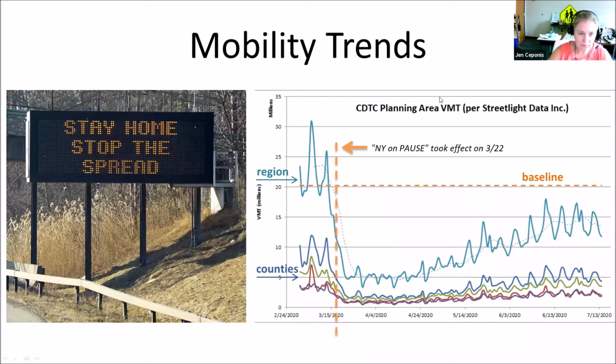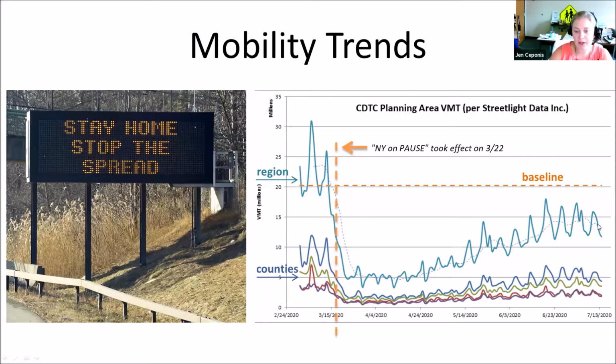So this is from a company called Streetlight, and it uses cell phone probe data to measure vehicle traffic. As you can see, when New York State on pause took effect on March 22nd, traffic activity significantly dropped, and we slowly saw an increase.